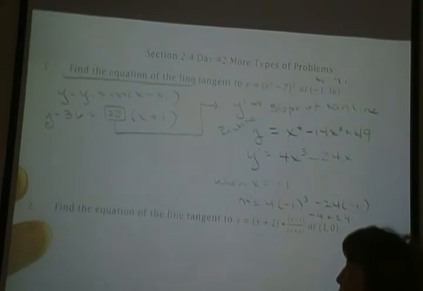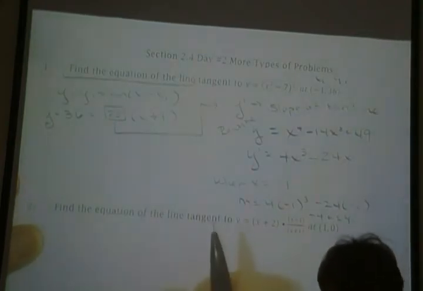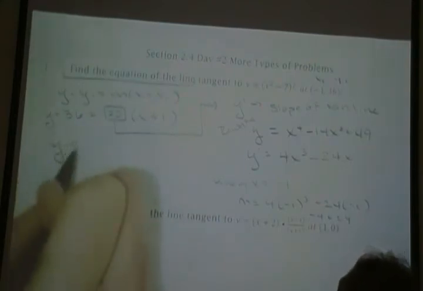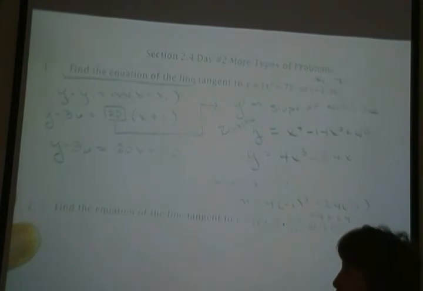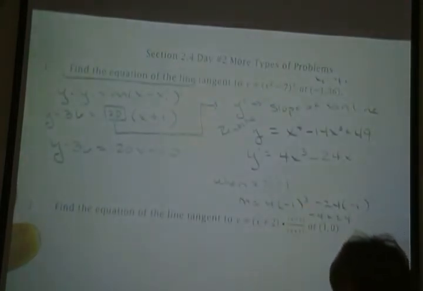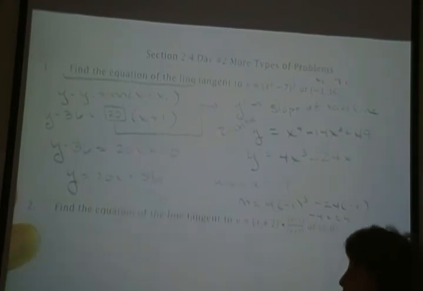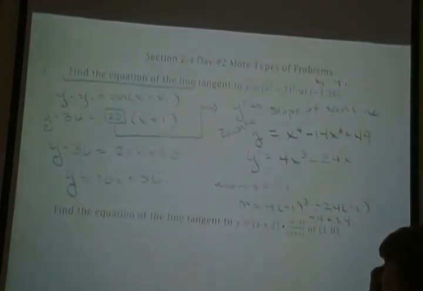And that's what I want to put in my box here. So for me, that's fine. That's the equation of a line. Sometimes WebAssign wants it in slope-intercept form. So we'll take a minute and distribute our slope through and add our 36 and put it in slope-intercept form, just in case they need it that way.